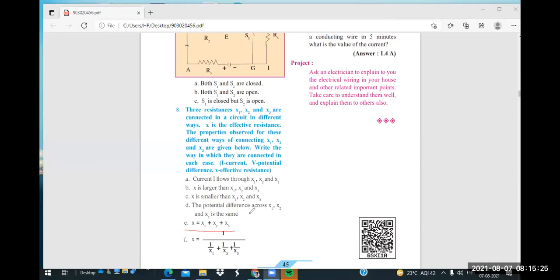Okay. Now X is equal to 1 upon 1 upon X1 plus 1 upon X2 plus 1 upon X3. What is your condition? You tell me the answer. It is in parallel combination. Why are we writing like this? Because it is in parallel combination, then only we can write like this.